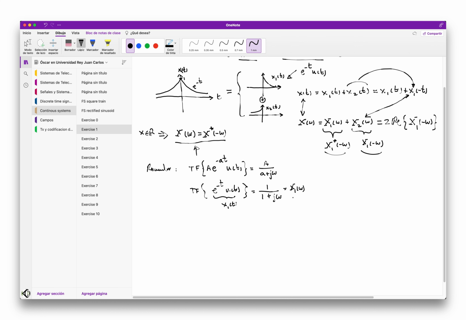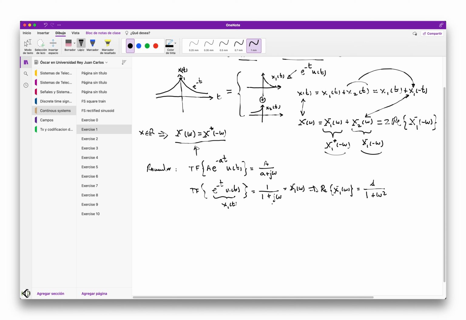Because let's calculate the real part of X1 of omega. The real part is very easy to calculate. You just multiply the numerator and the denominator by the conjugate of the denominator, and we get basically 1 divided by 1 plus omega squared. Okay, so this is the real part.